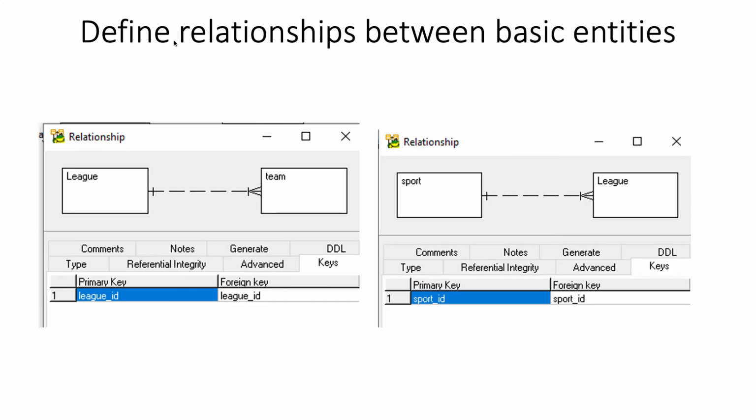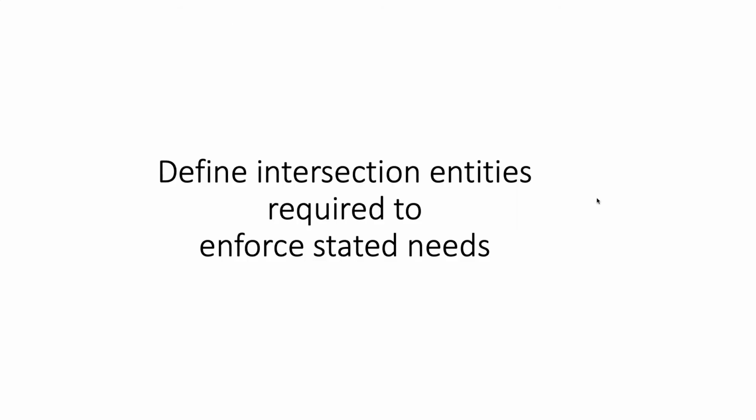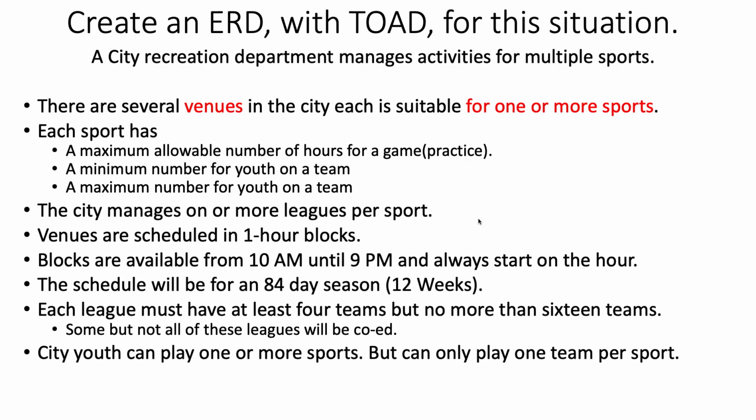Okay, next we're supposed to define the relationships between the basic entities. So I made a one-to-many between league and team. I made a one-to-many between sport and team and league. Define intersection entities required to enforce the stated needs.